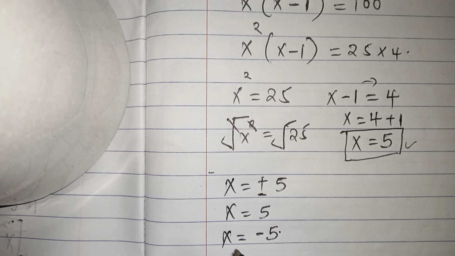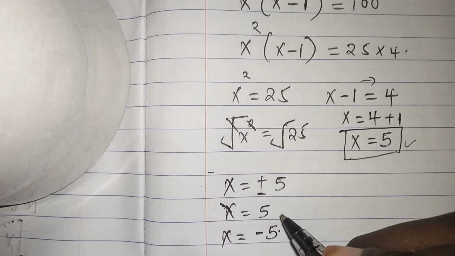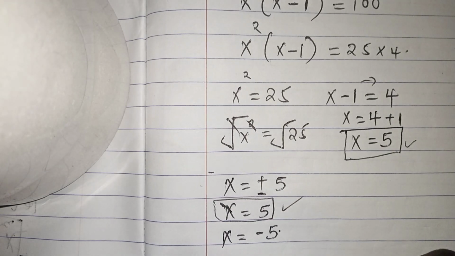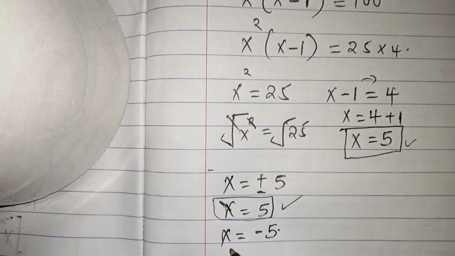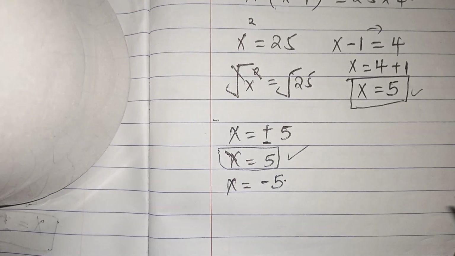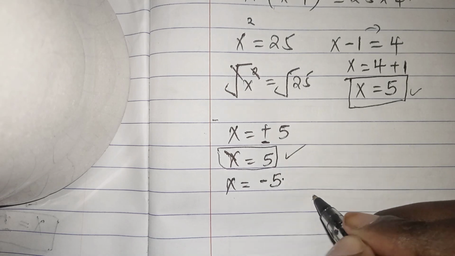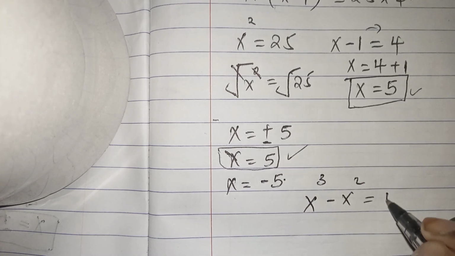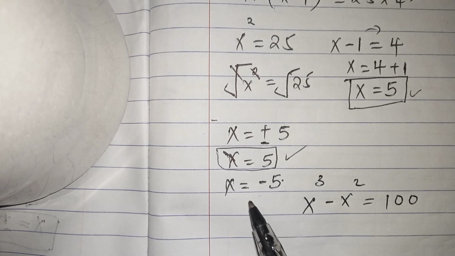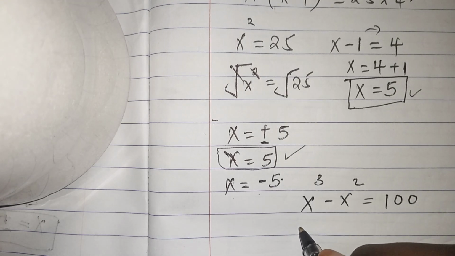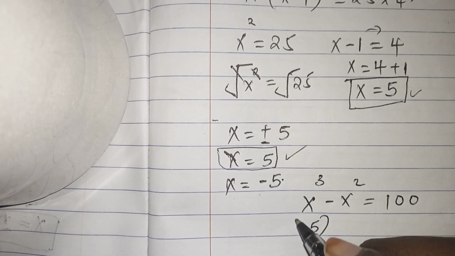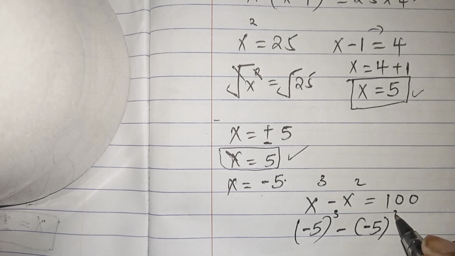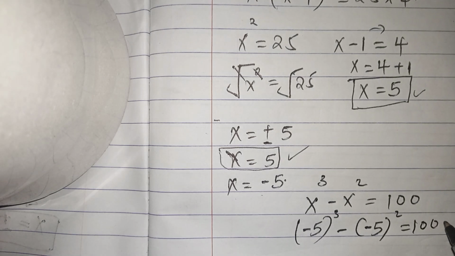So we've already verified and we know that x is equal to 5 satisfies our equation. So this is correct. We now want to check and confirm whether x is equal to negative 5 satisfies our equation. So our initial equation is x cubed minus x squared is equal to 100. So let us replace x with negative 5. So this is negative 5 cubed minus, into bracket, negative 5 squared is equal to 100.